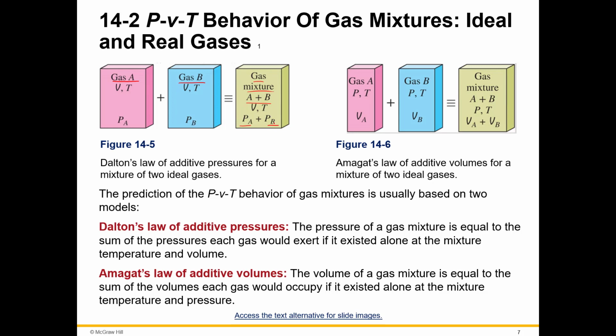If you have that, then you would look at it on an individual level. And you would say, well, I know it has to be a gas mixture, but what kind of pressure would this specific individual gas exert if the environment were the exact same?